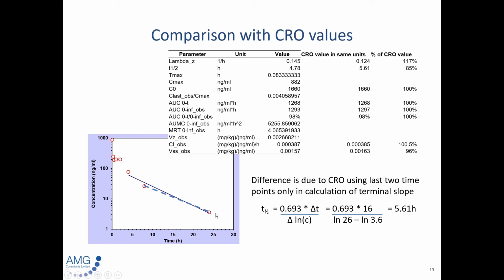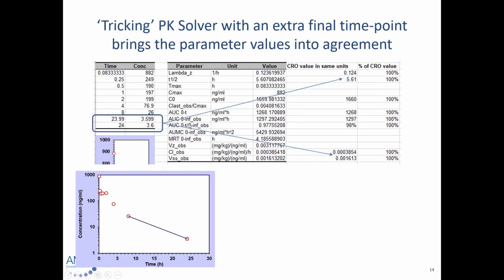In fact, although the PK Solver requires that at least 3 points are involved in the generation of the terminal slope, you can trick the tool into doing that if you add an extra time point. You can't duplicate the time points, it will throw an error, but you can do very close to duplication, as you can see here.